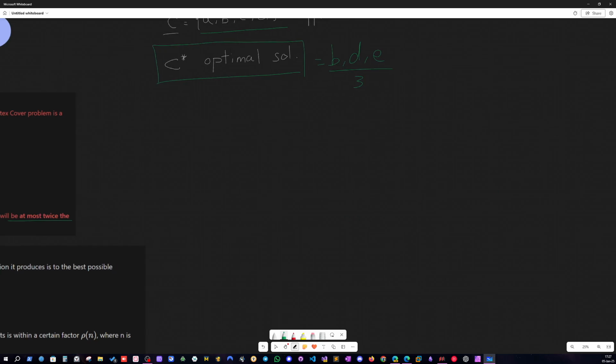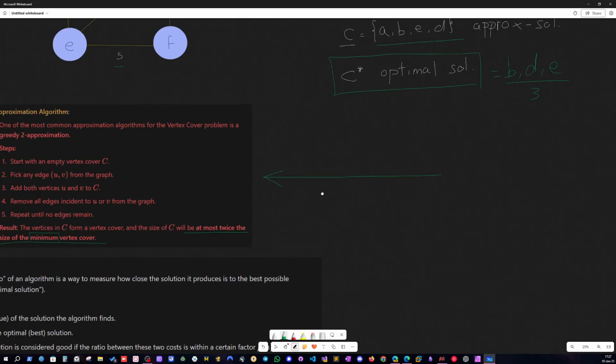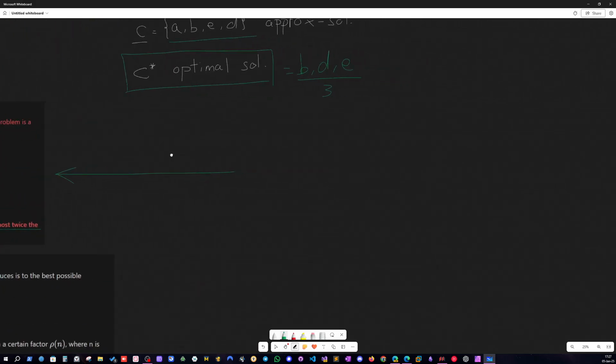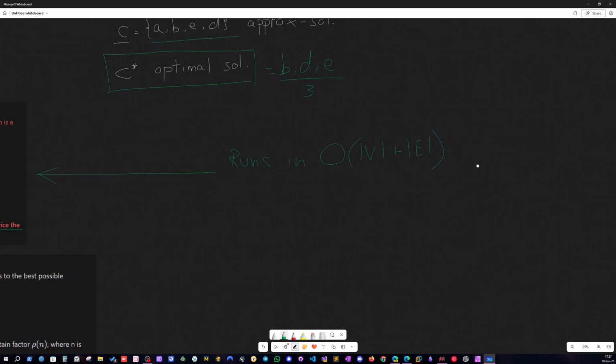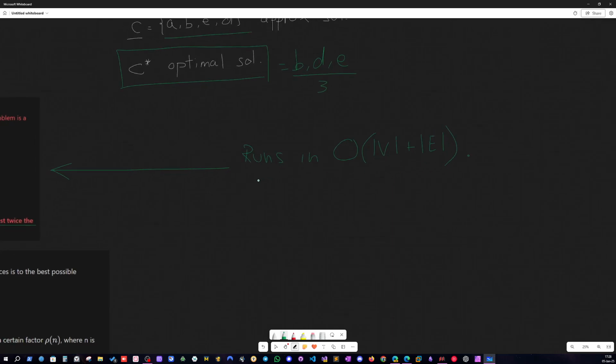Alright, so we can say that this algorithm, the true approximation algorithm, or approx vertex cover, runs in big O of the absolute value of the vertices plus the absolute value of the edges time. Then this algorithm returns a set whose size is at most twice the size of an optimal solution.